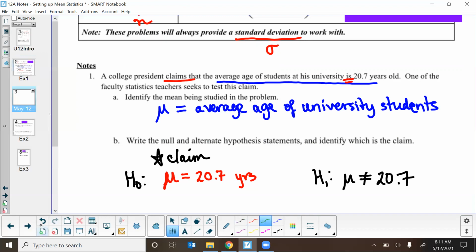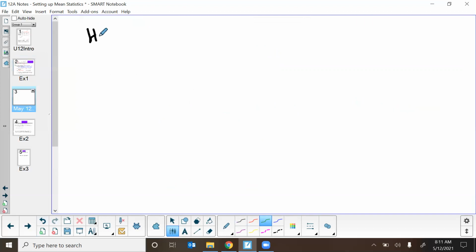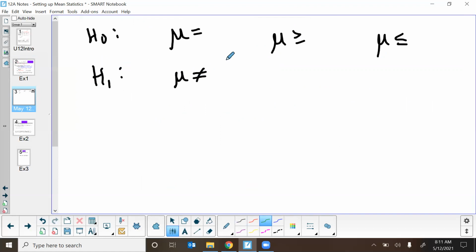Okay, so quick reminder, when you have a null, now it's going to be the mean equals, or the mean is greater than or equal to, or the mean is less than or equal to. And the alternate that goes with it is that the mean is not equals, or the mean is less than, or the mean is greater than.